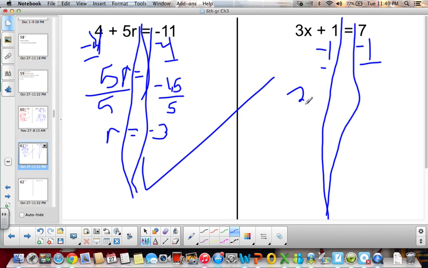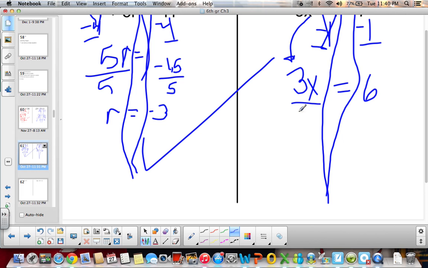So we have 3x equals 6, because 1 and negative 1 cancel out. The 3x gets carried down. Then 3x equals 6. Divide both sides by 3. So x then equals 2.